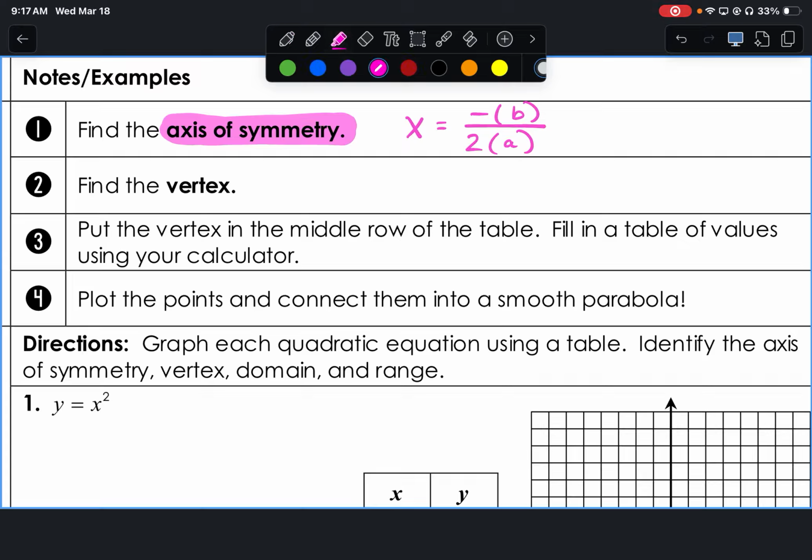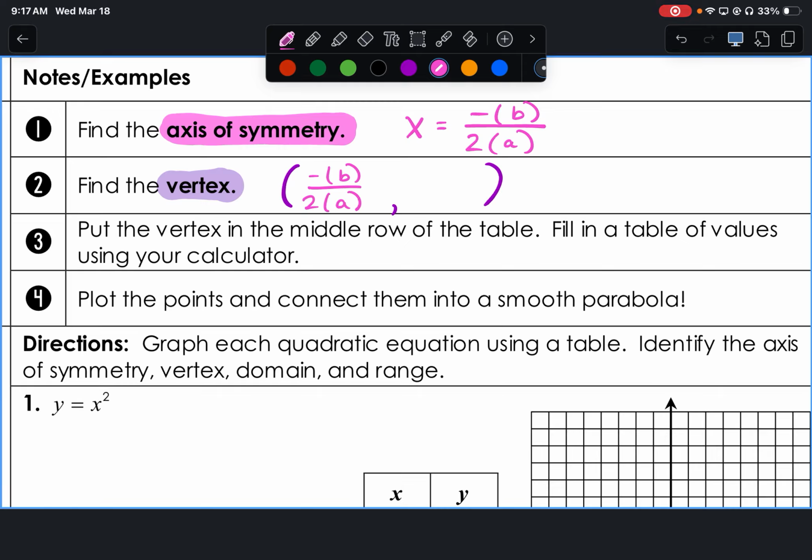Step 2 is we have to find the actual vertex. In order for us to find the vertex, we have to find the point. The x coordinate of the vertex is always the x value we just found in our axis of symmetry, so it will be -b over 2a. It's whatever we just found.